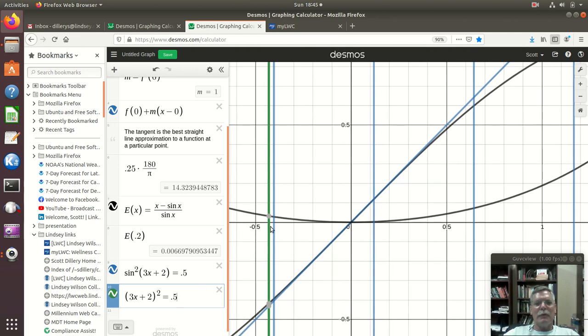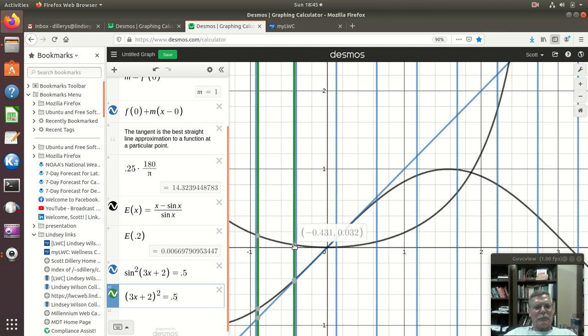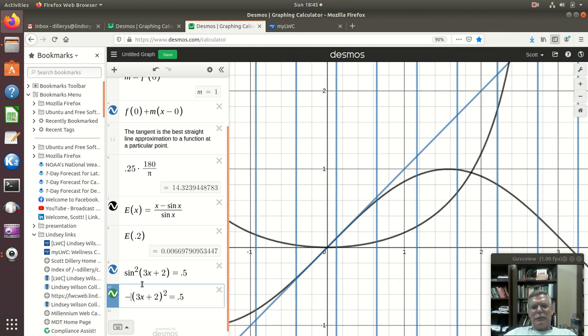Now it is actually a little interesting. Did it find two answers? Yeah. So here it found these negative answers. Okay, so oh well, maybe not a negative on that.